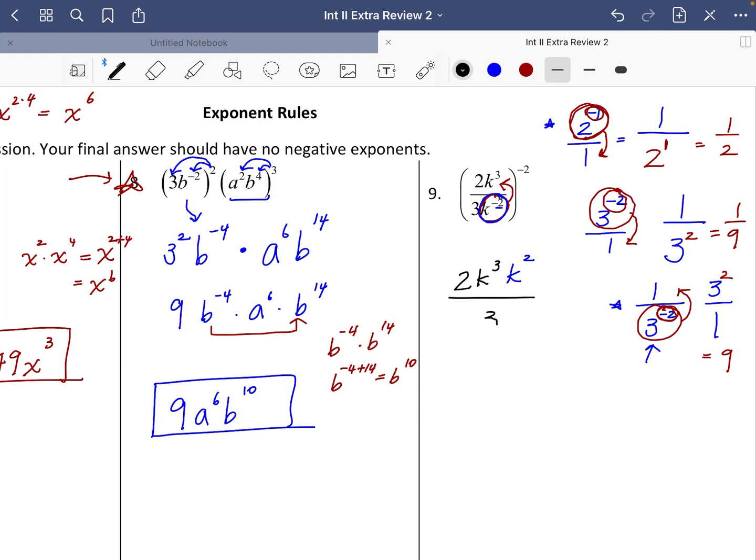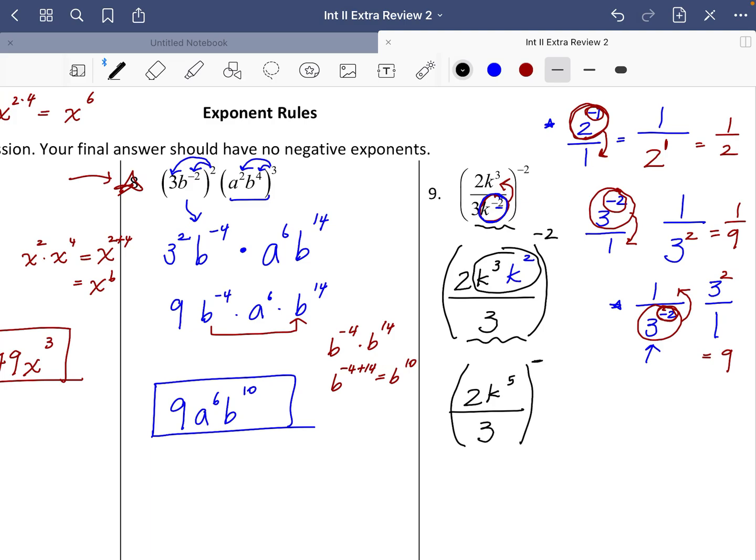The denominator is just 3. Okay. So then still copy the problem. You got parentheses with negative 2. We only did inside the parentheses, so keep it the same. Now I can add these two exponents together. So I got 2k to the 5th all over 3 raised to the power of negative 2.